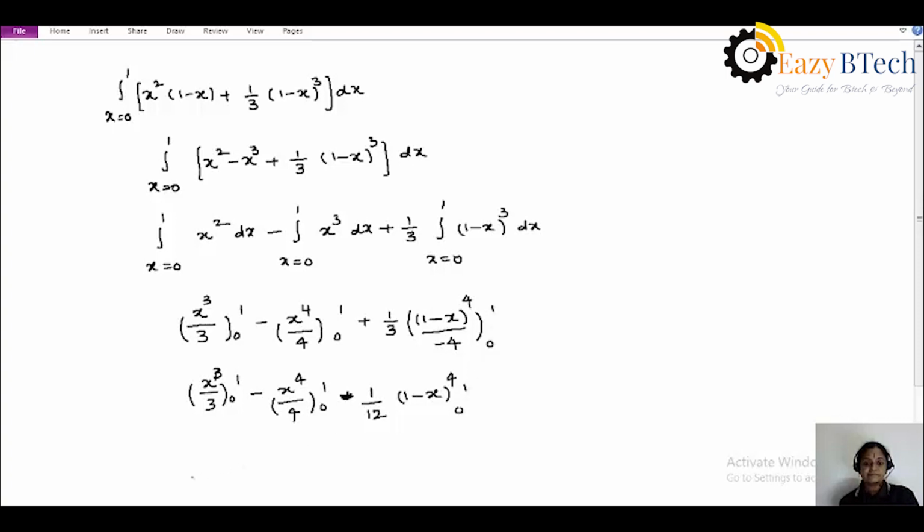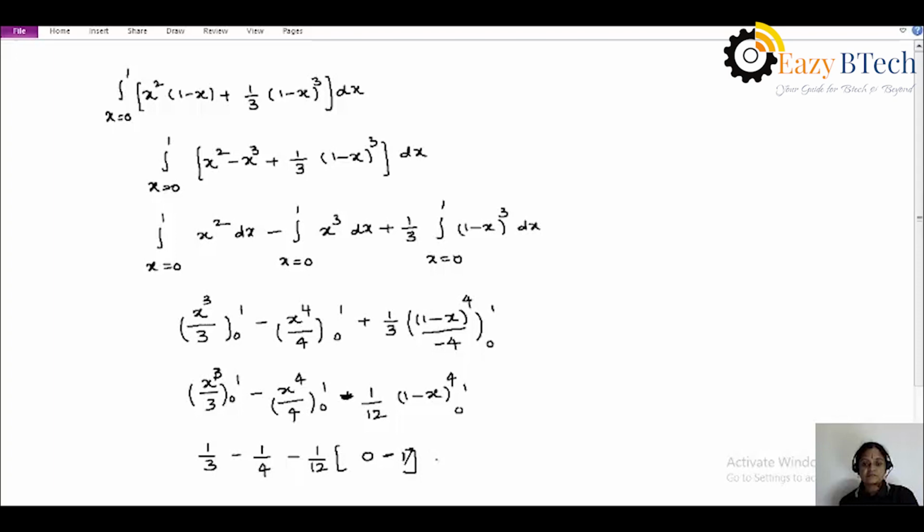Okay, substituting the limits: upper limit minus 1 by 3 and minus 1 by 4 and minus 1 by 12. For the upper limit 1, 1 minus 1 becomes 0, and minus for the lower limit, 1 minus 0 becomes 1 here.